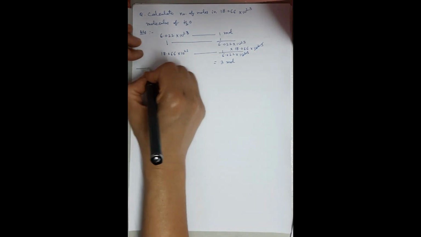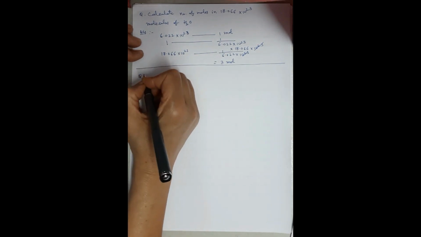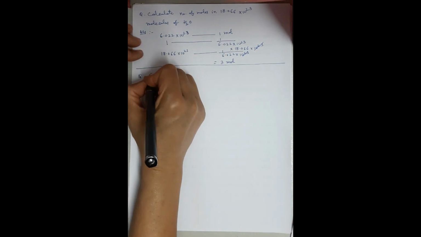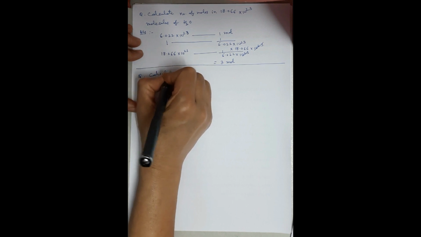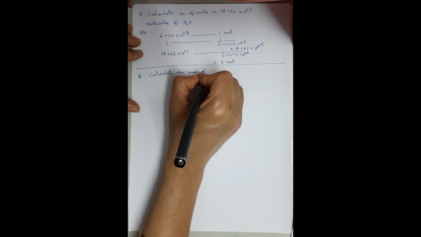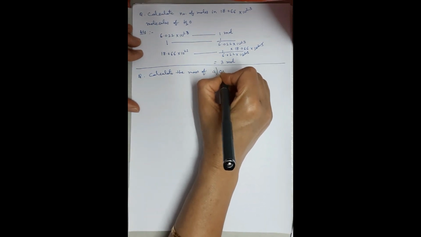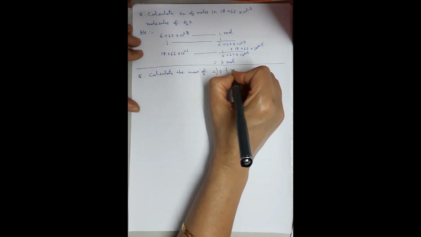You can do one more numerical here. Like the question is, calculate the mass of, maybe the first part is 0.1 mole of methane.